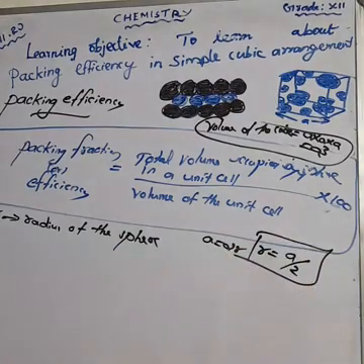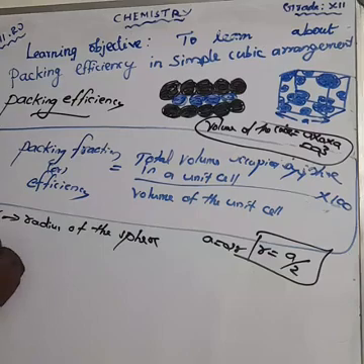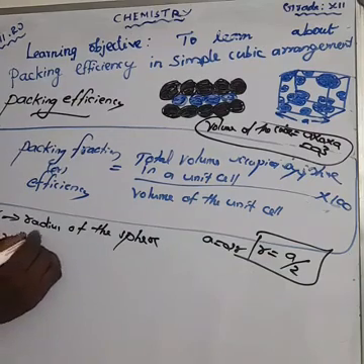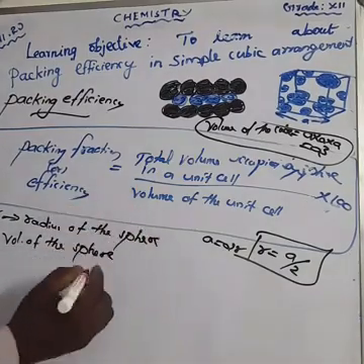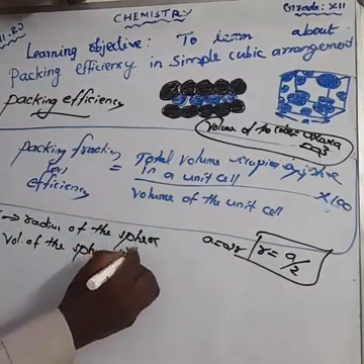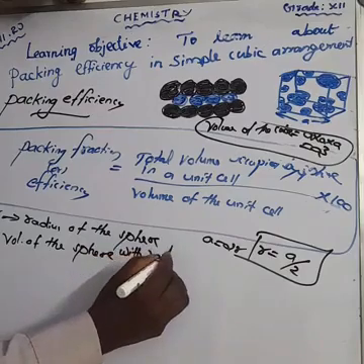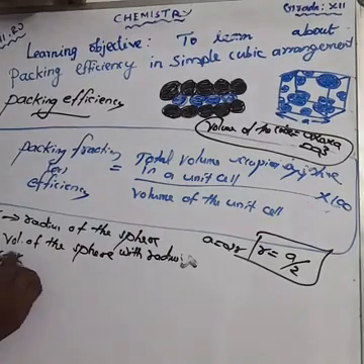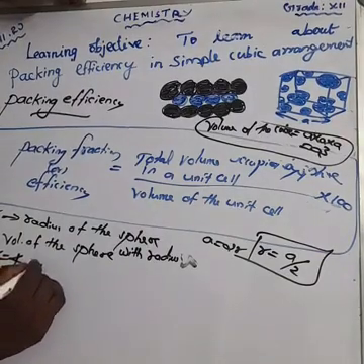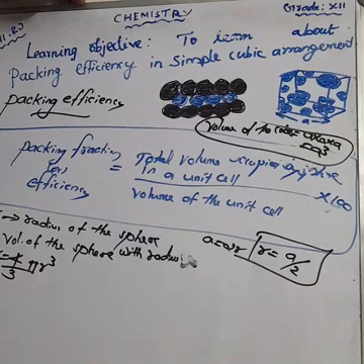Here the volume of the sphere with the radius R is equal to 4 by 3 pi R cube.